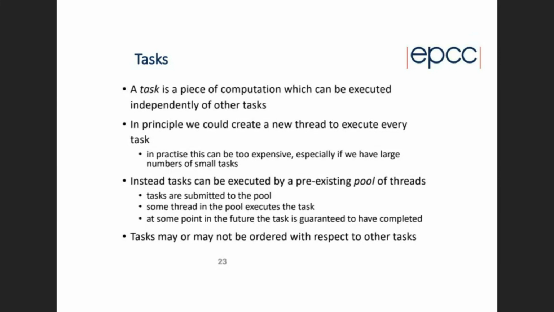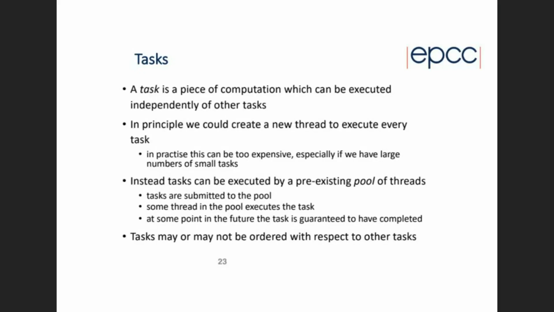Again, the idea is that we essentially want to run probably one thread per core. So the number of threads in the pool created at the beginning of the program will probably be matched to the available hardware resources.